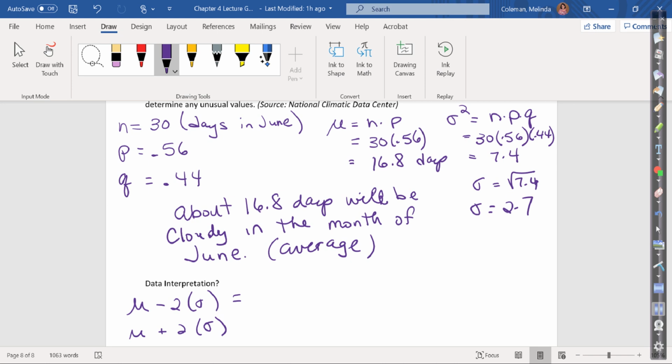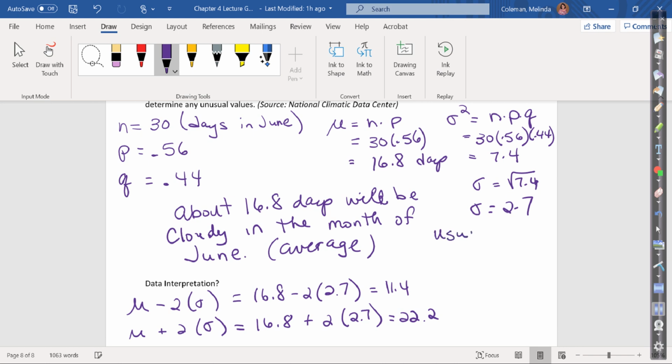So this would be 16.8 minus 2 times 2.7, which, if you use your calculator, is equal to 11.4, or 16.8 plus 2 times 2.7, that's equal to 22.2. So again, usual cloudiness would be between 11 and 22 days.